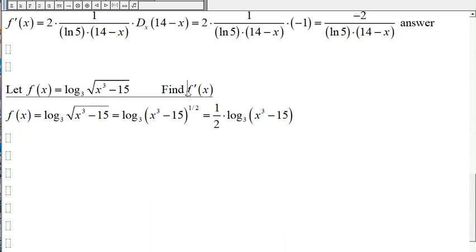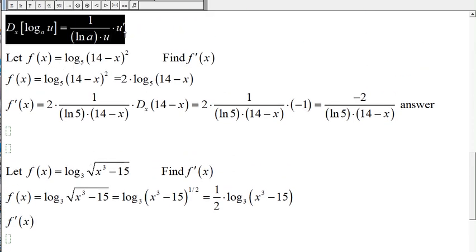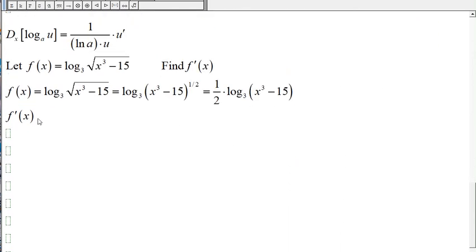Now we can find the derivative here. Once again, the chain rule was this. So we get 1/2 times 1 over ln a, which is the base number, so it'd be 1 over ln 3.